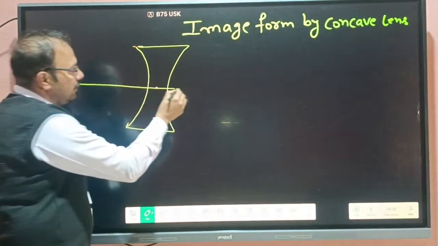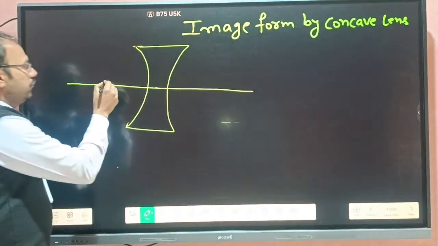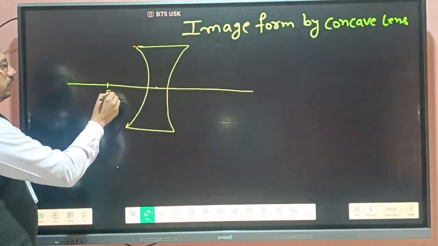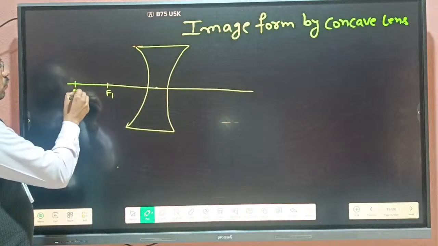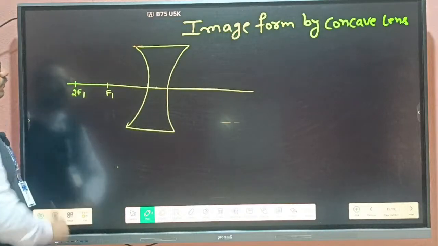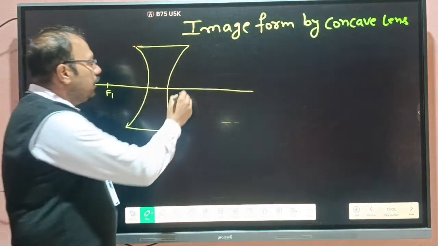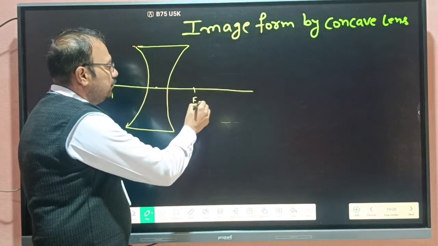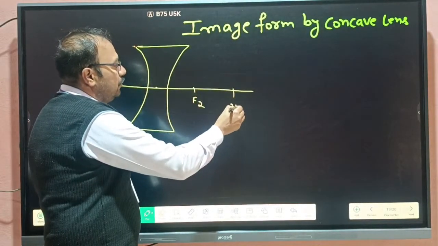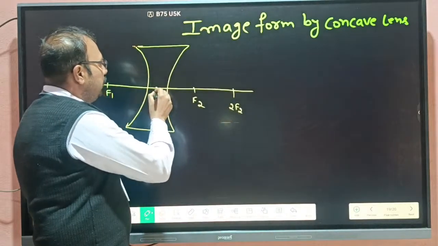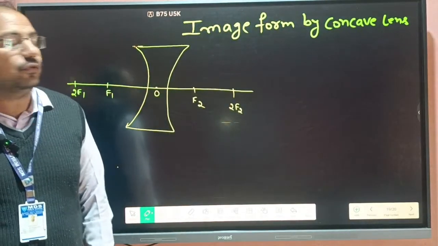This is the principal line, and this is f1, this is 2f1, this is f2, and this is 2f2.